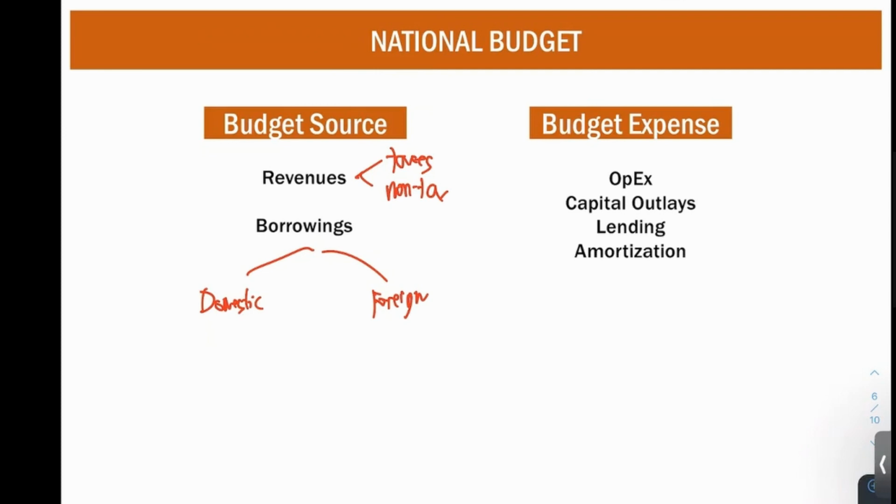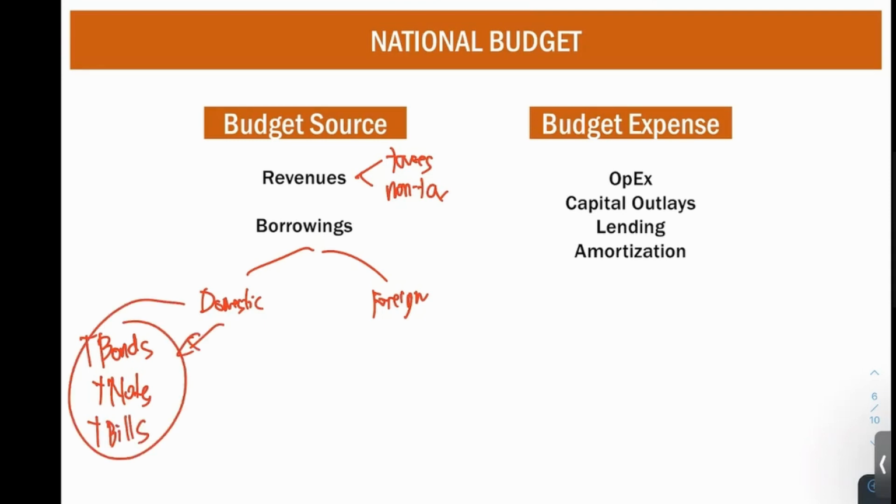Okay, it is not borrowing from a domestic bank, but it is borrowing by issuing your own liability. So the government issues, let's say, treasury bonds, treasury notes, and treasury bills. These are examples of domestic borrowing.